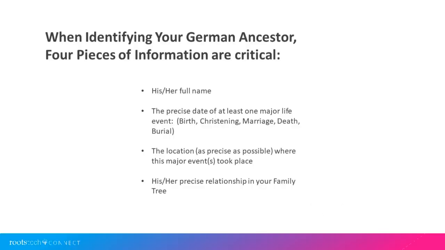When identifying your German ancestor, there are 4 pieces of information that are critical. His or her full name. This is important because in Germany, families tended to carry the same names over and over again. If a daughter or a son died in infancy, the next child, sometimes of the same gender, was given the very same name again.